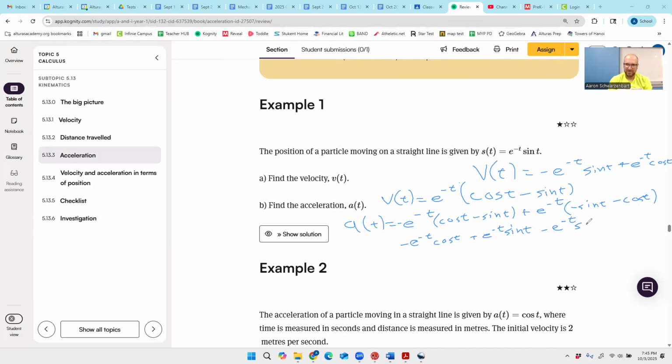So I'm distributing on both. My e to the negative t sine t's look like they're going to cancel. Yep. And I'm left with negative 2 e to the negative t cosine t.